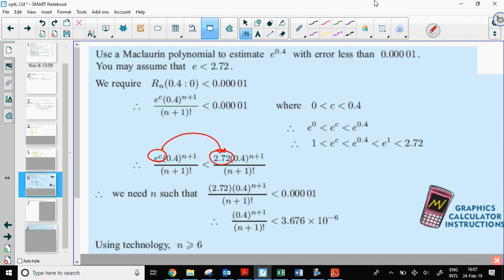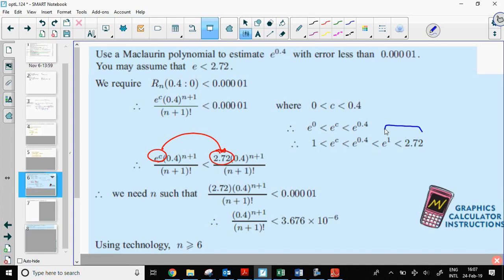Before we use our calculator, though, we need to get rid of that c term. Now, we said in the beginning that e, as in e to the power of 1, should be less than 2.72. Our c value is somewhere in between 0, our center of convergence, and 0.4, our x value. Both of those values are going to be less than e. Right?